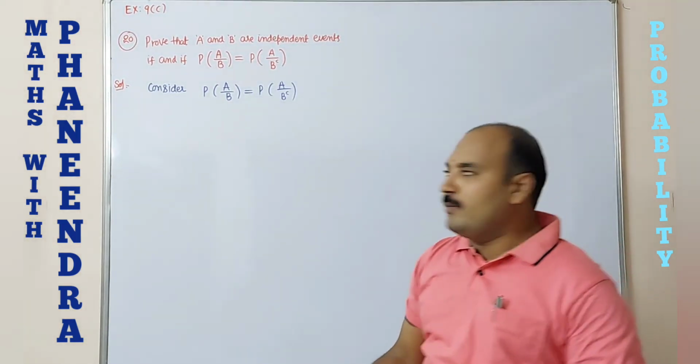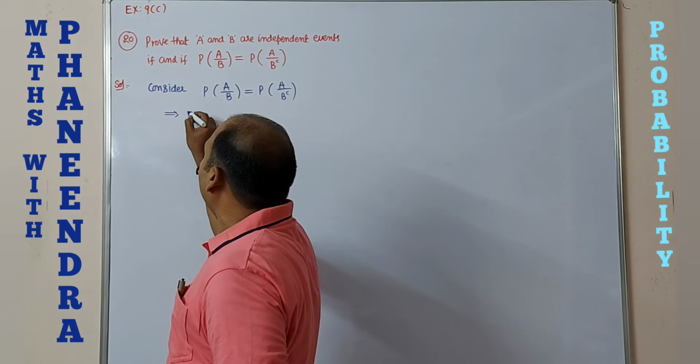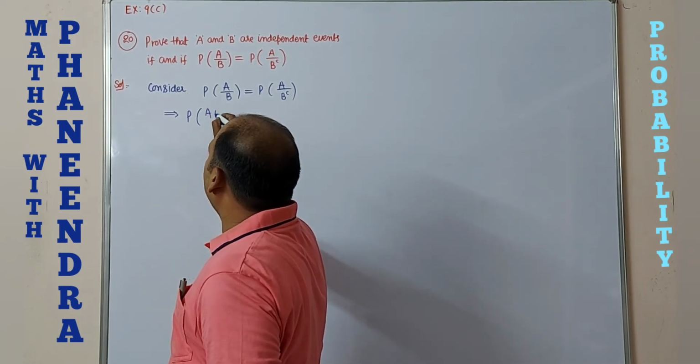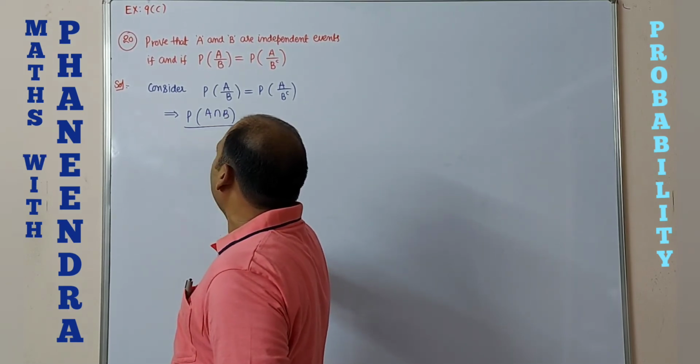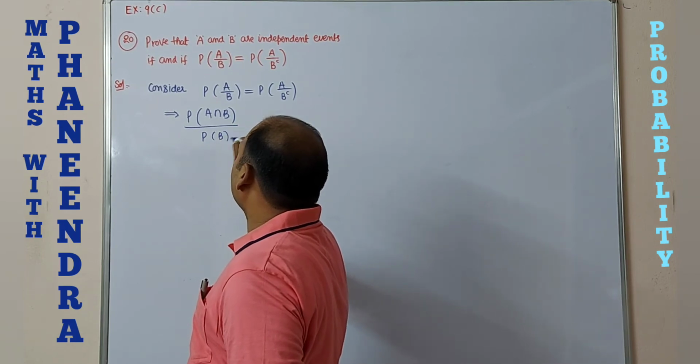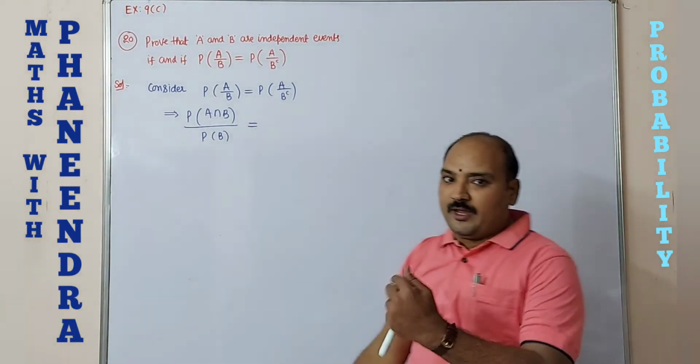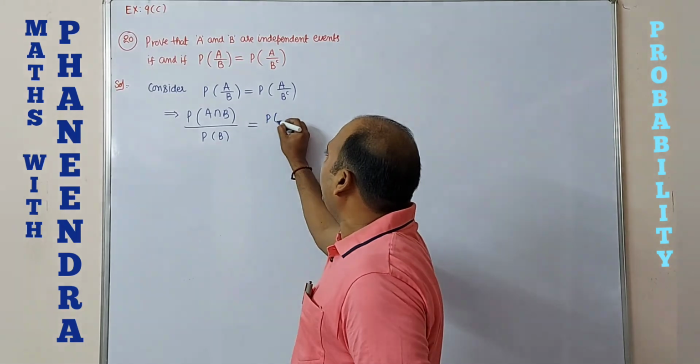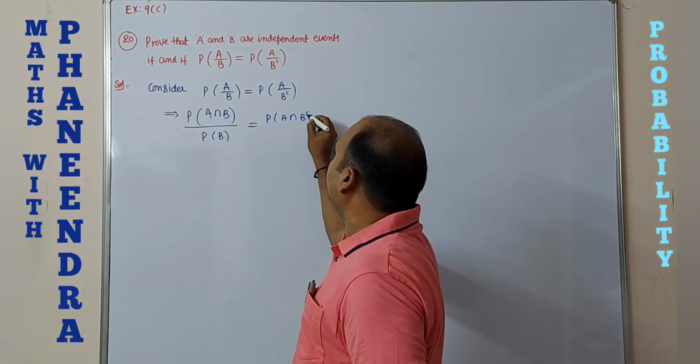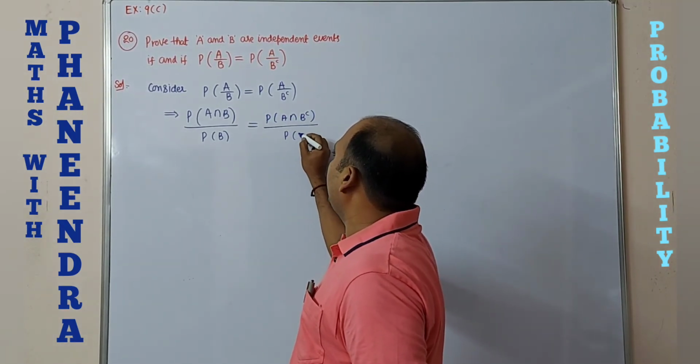P of A given B, by definition of conditional probability, is P of A intersection B divided by P of B, which is equal to P of A given B complement, which is P of A intersection B complement by P of B complement.